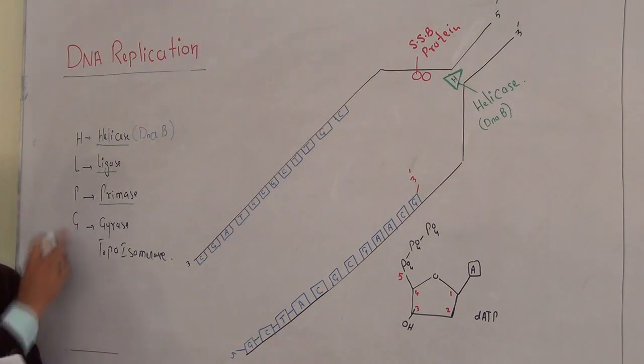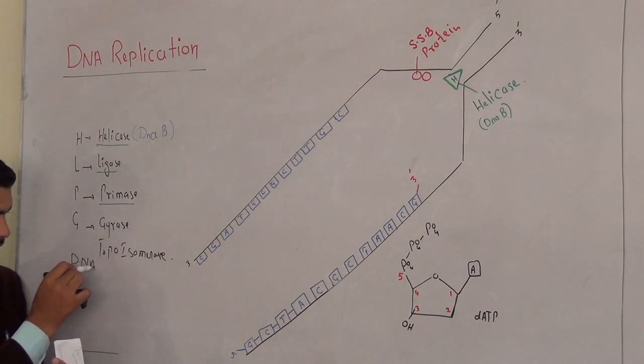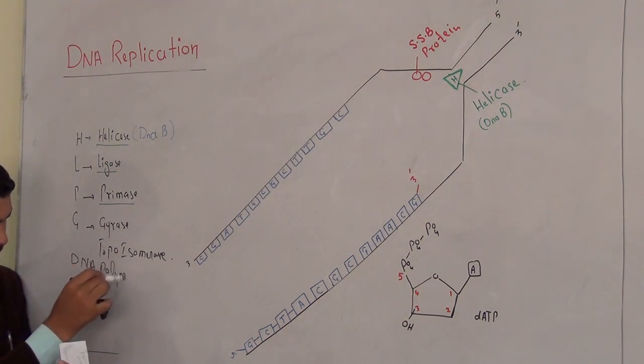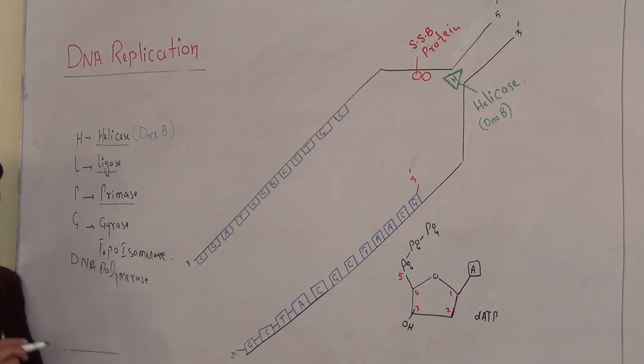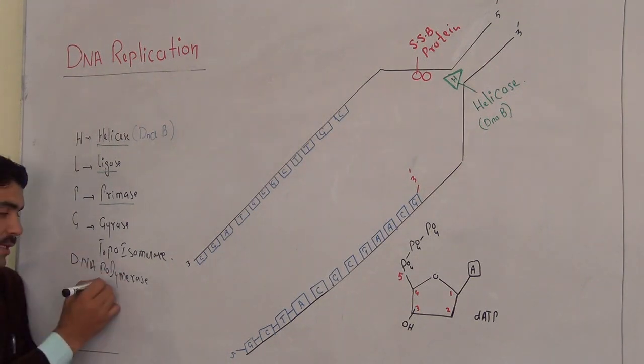And the king of all those enzymes is the DNA polymerase. There is one enzyme called the DNA polymerase.